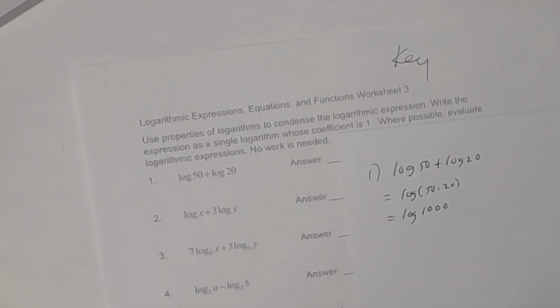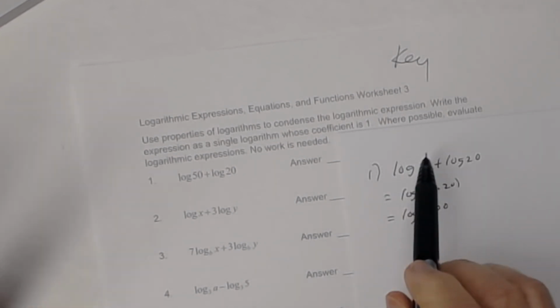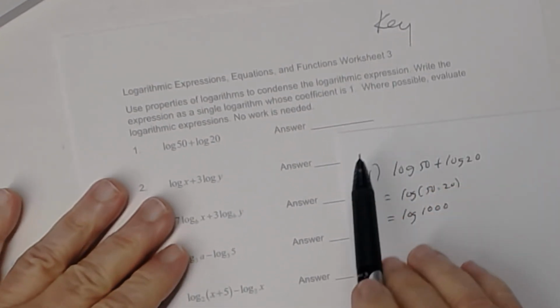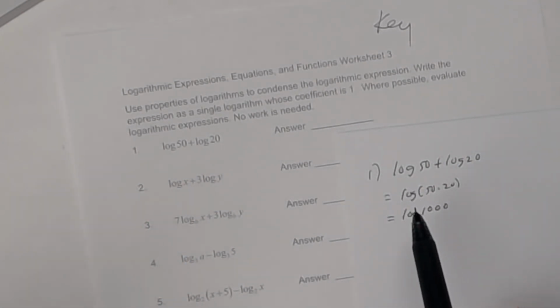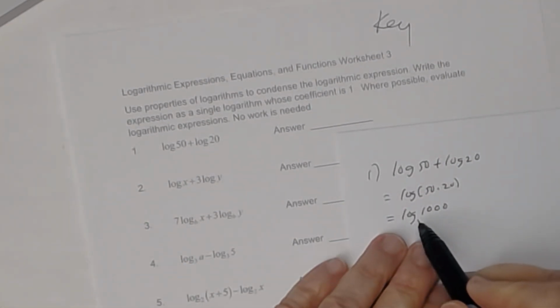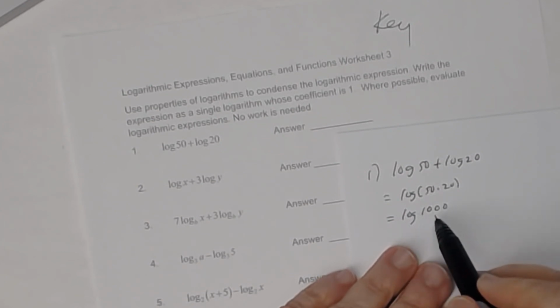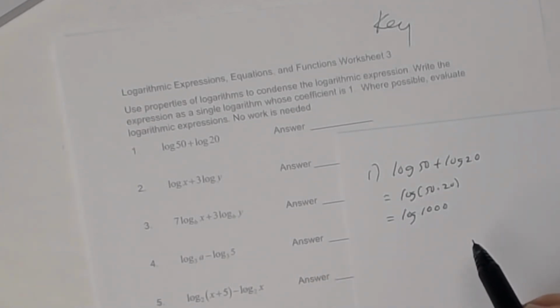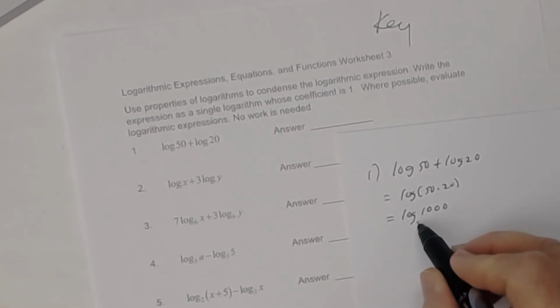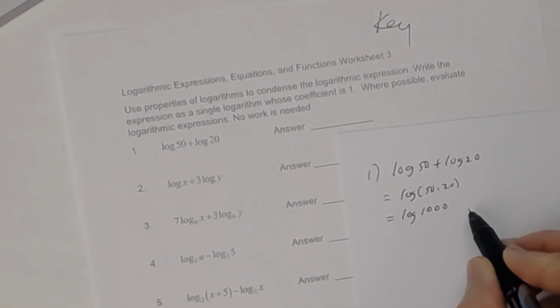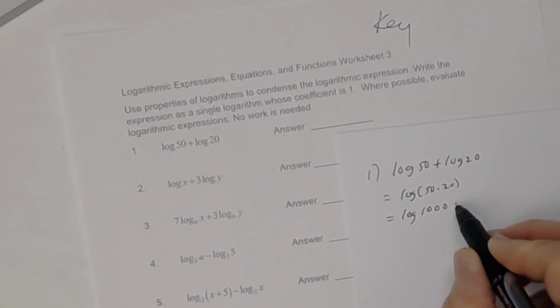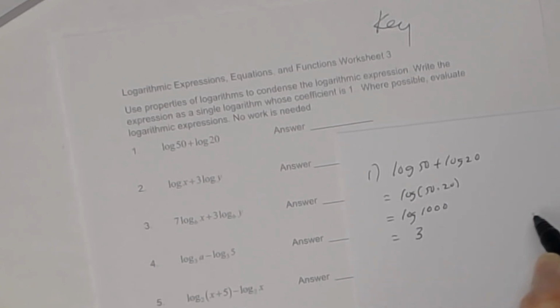1,000. And then notice the problem says, where possible, evaluate the log expression, and you really want to do this without a calculator. So all of you should at this point recognize that you can evaluate the log of 1,000. Remember the base is 10, so you're going to say 10 to what power is 1,000? Well, hopefully you said the answer is 3.